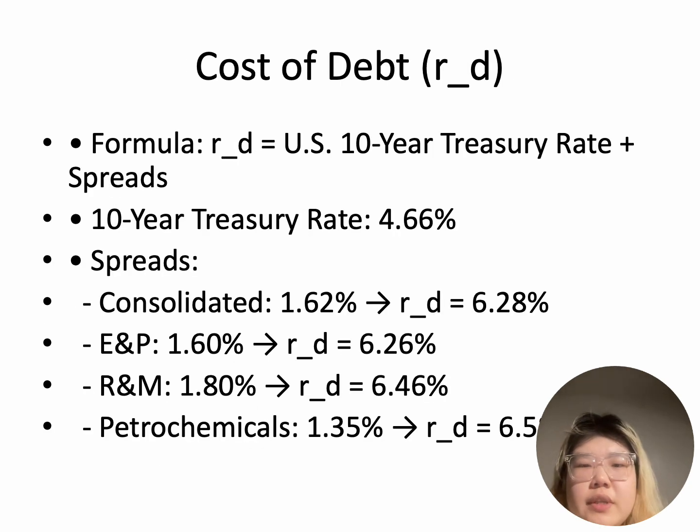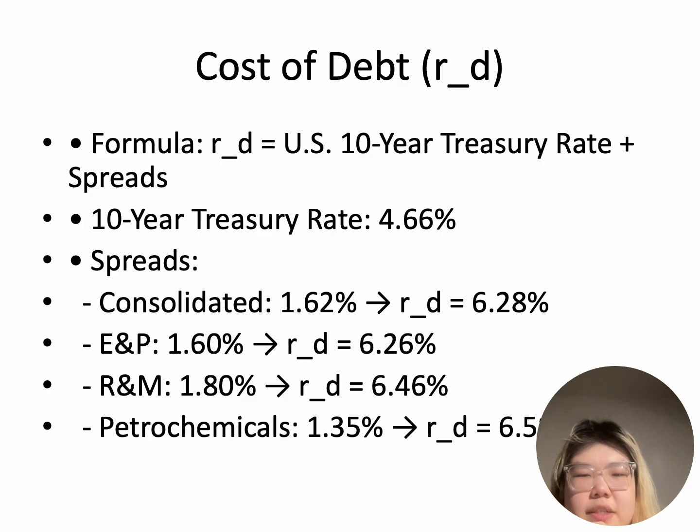And moving to the next, we need to find the cost of debt. So we use this formula, and we use the 10-year Treasury rate of 4.66%. That's because this rate aligns with the long life cycle of Midland's energy assets and balances short-term and long-term rate considerations.